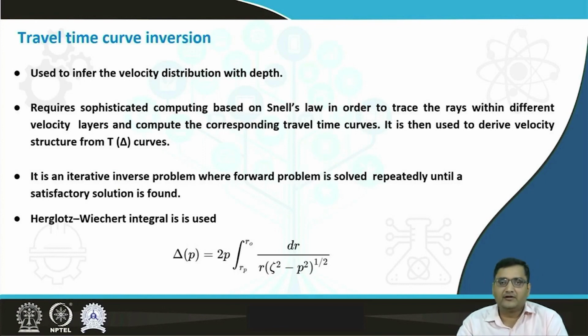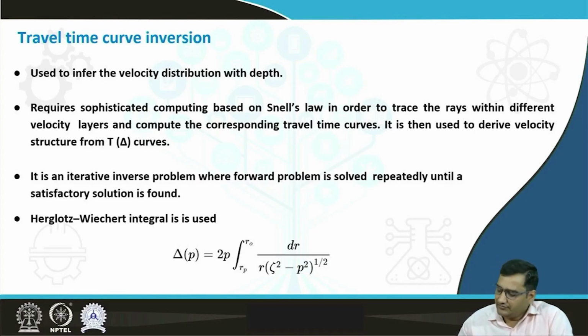Now let's talk about travel time curve inversion, which is used to infer the velocity distribution with depth. It requires sophisticated computing based on Snell's law in order to trace the rays within the different velocity layers and compute the corresponding travel time curves.